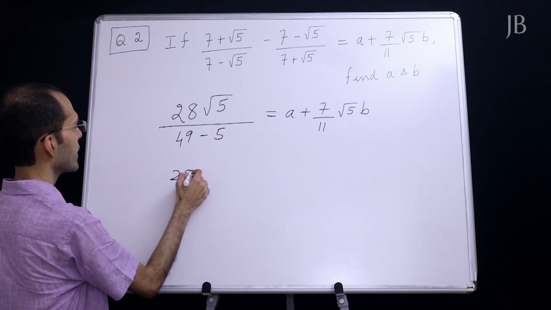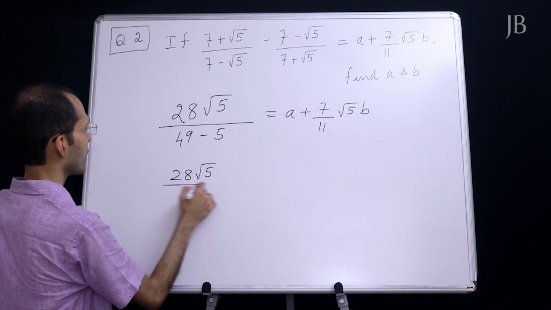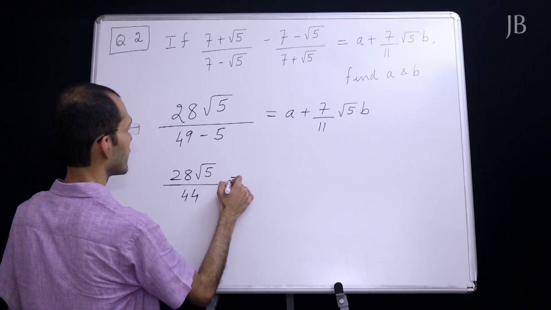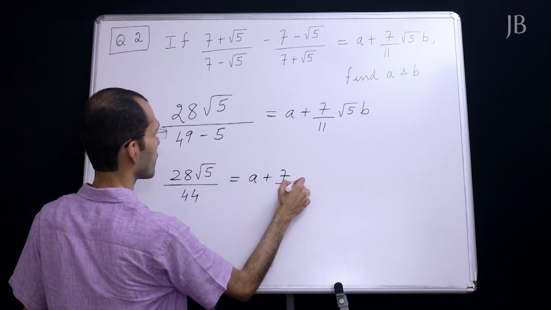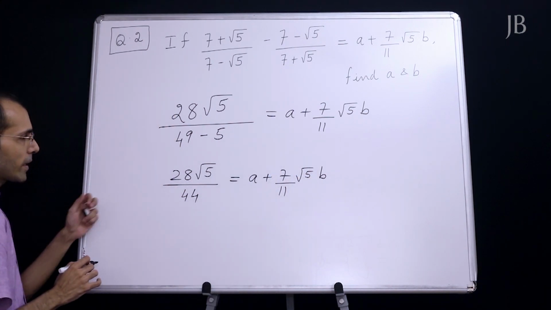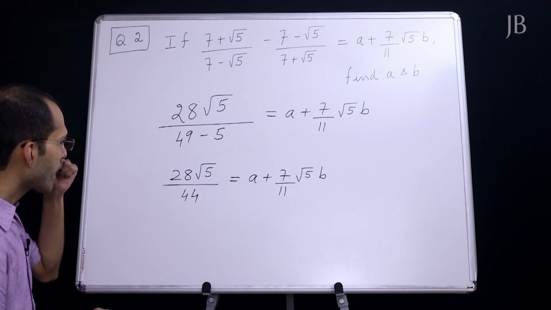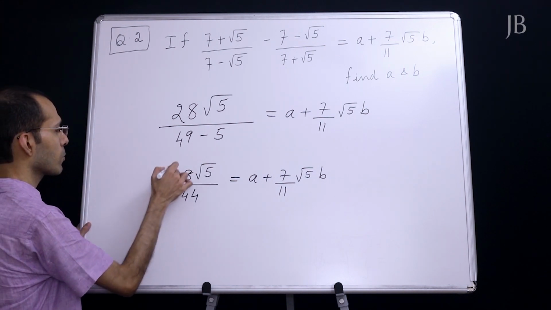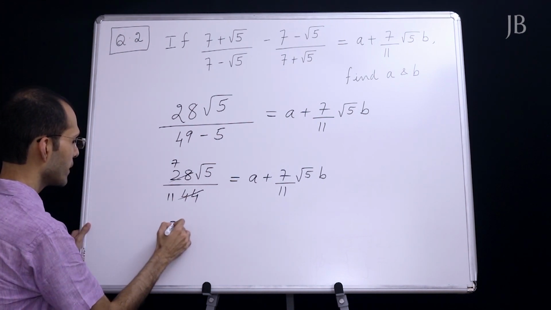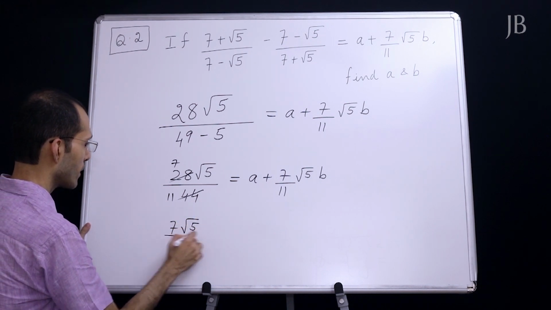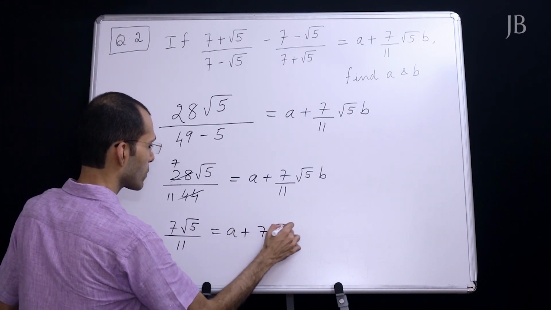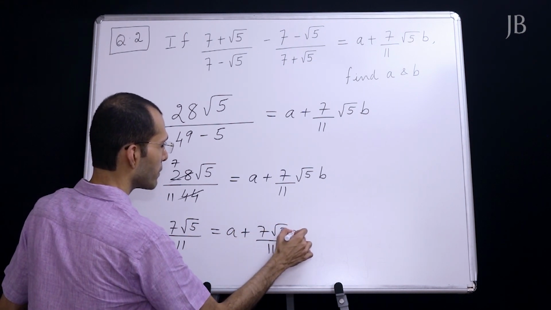This will be 28 root 5 upon 49 minus 5, how much? 44 is equaling a plus 7 upon 11 root 5b. A little interesting sum. Can we cancel this? Yes. The highest common factor, 4 7s are 28, 4 11s are 44. Right, so this will be 7 root 5 upon 11 is equaling a plus 7 root 5 upon 11 b.